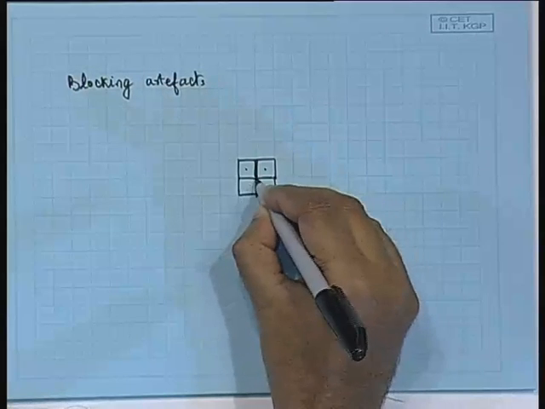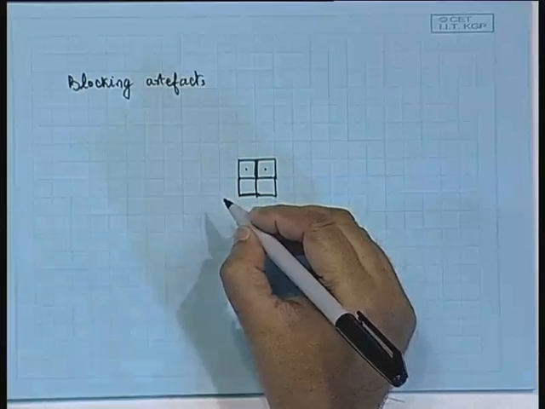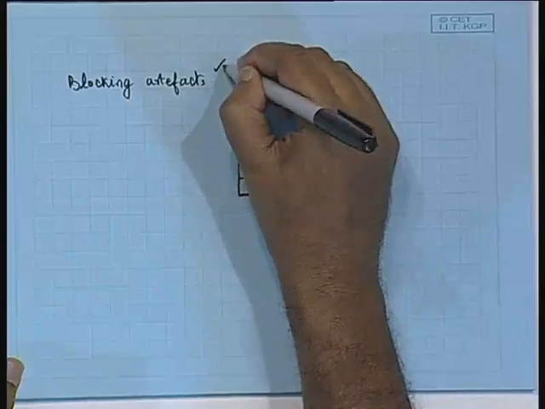Checkerboard effect means that from the reconstructed image you will be able to find out that this is one block, this is another block. So, an effect of blockiness would be there, which is referred to as the blocking artifact. This is a very serious problem, and this kind of blocking artifact is highly disturbing in DCTs, especially at very low bit rates.